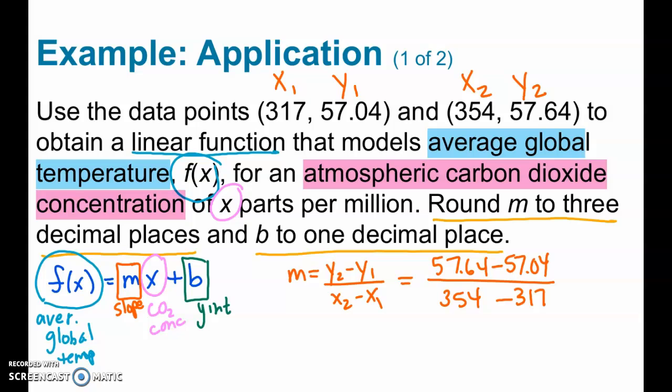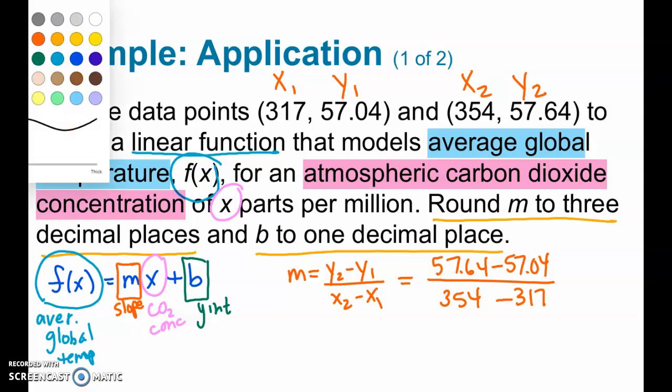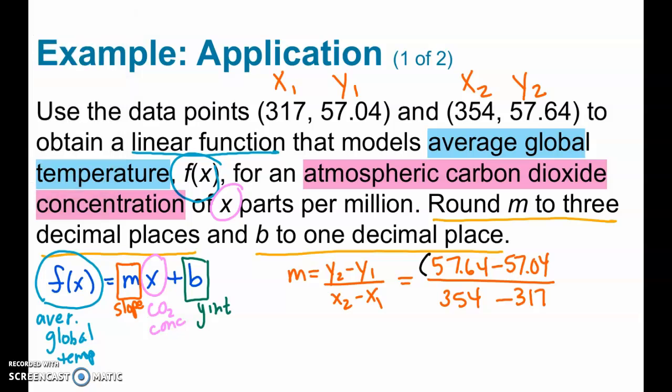Now, I would like you to follow along on this calculator. When you're doing this, make sure you surround the numerator. If you want to do it in one step, which is what I suggest, you surround the numerator and the denominator with parentheses so that the calculator does the subtraction before it divides.